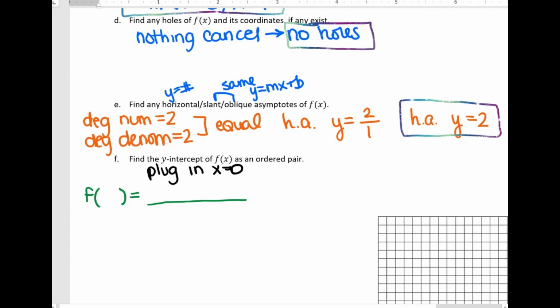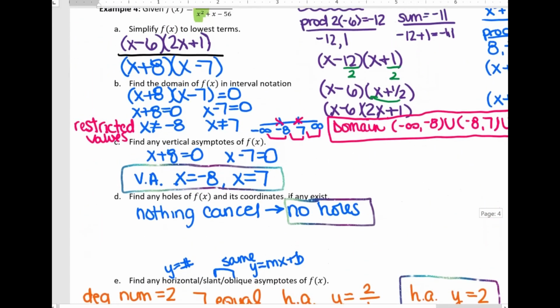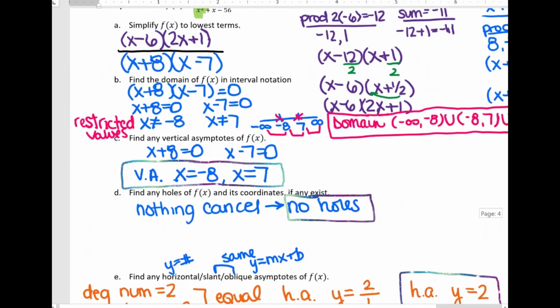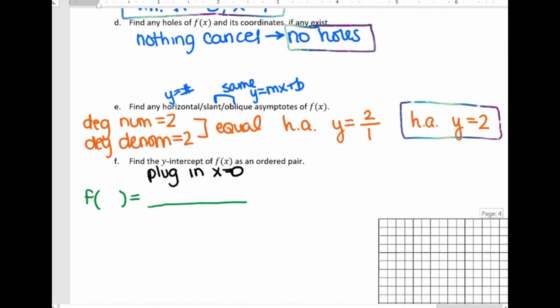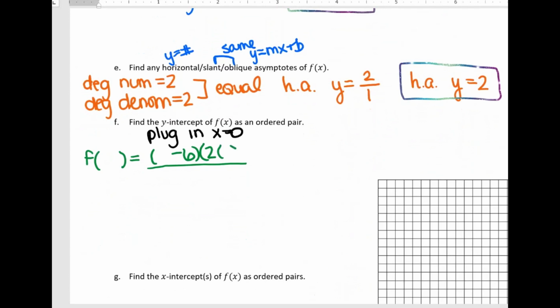Okay, so I'm going to go ahead and use the factored form, which we said was x minus 6 times 2x plus 1, which is going to get me 0 minus 6 times 2 times 0 plus 1, plugging in my zeros.